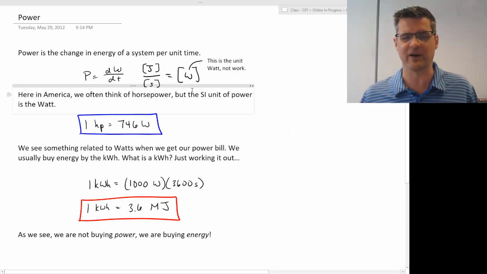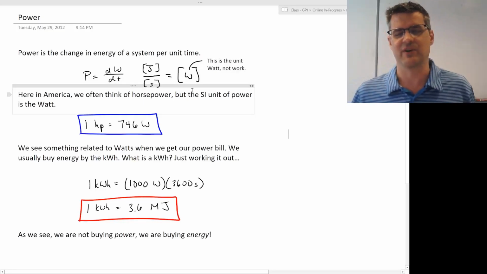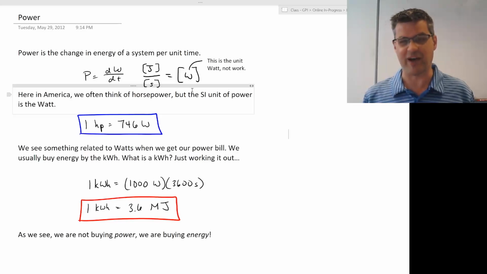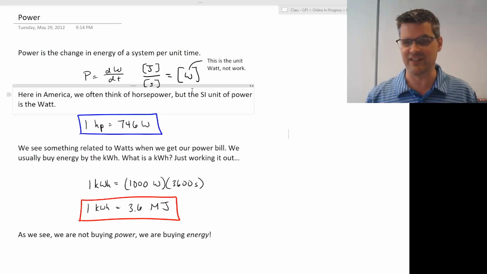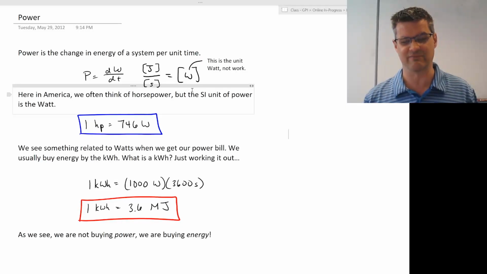If we're talking about power, power is the change of the energy of a system with respect to time. So power really is dW/dt, or dU/dt if you're using U for potential energy. And so it's going to have units of joules per second. When we're taking derivatives like this, the dt on the bottom really does have units of time.